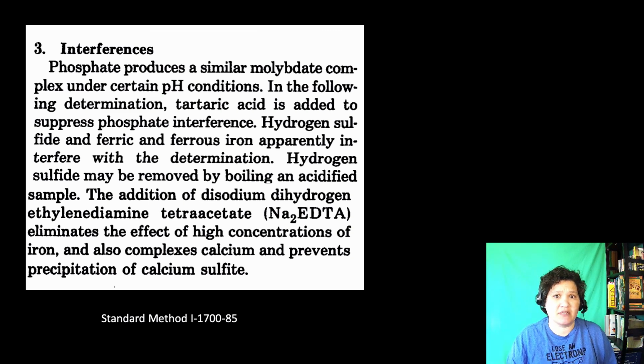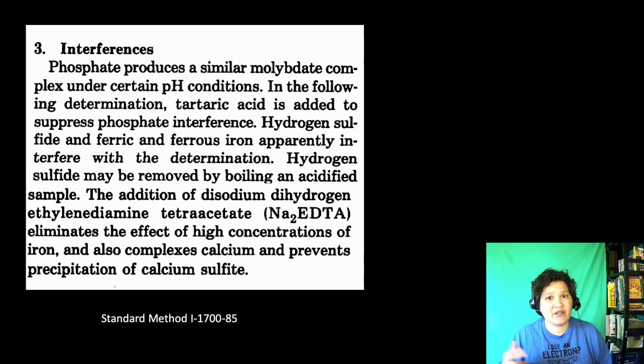That's a problem. So you could get a measurement and think that's your silica measurement, but that could actually be some silica reacting with your colorimetric agent and some phosphate reacting with your colorimetric agent. And so what you think you're measuring, silica, may not be what you're actually measuring, silica and phosphate.